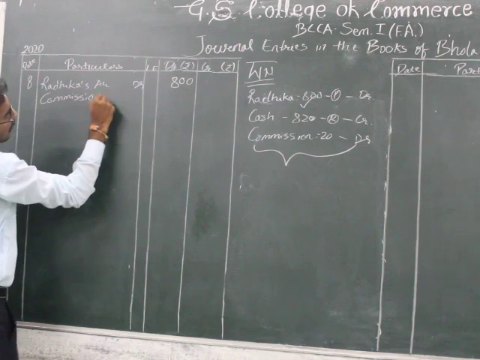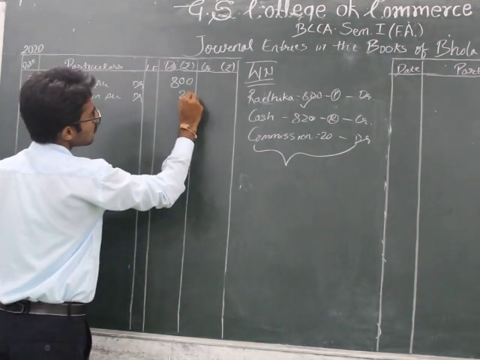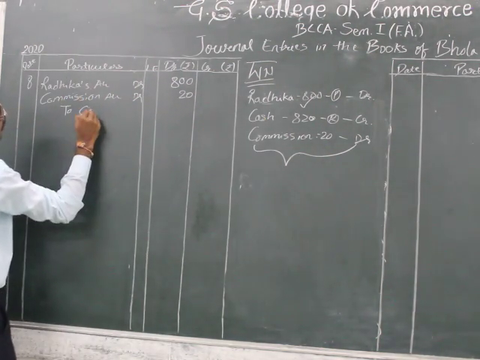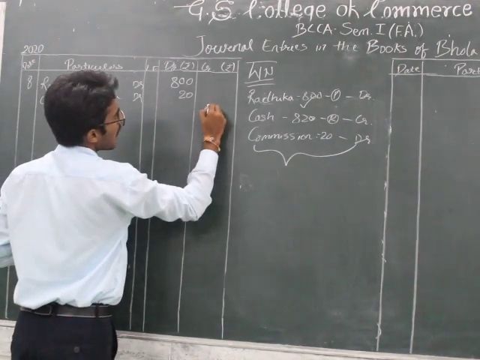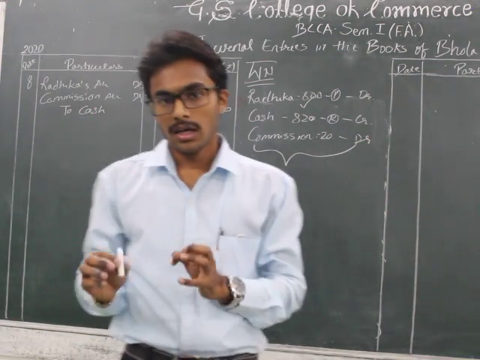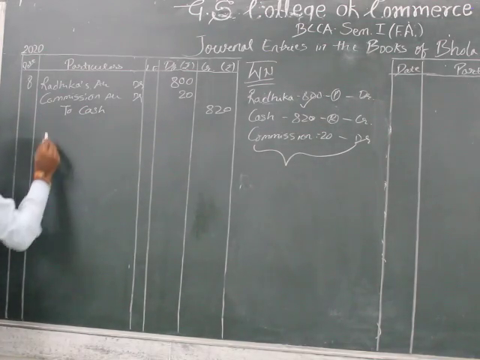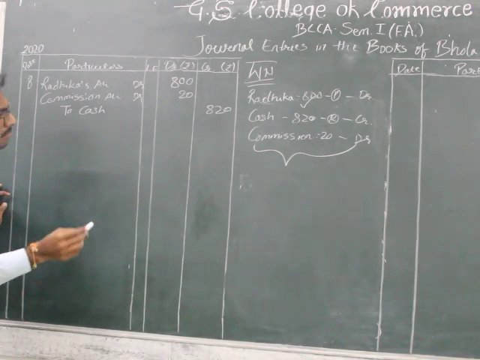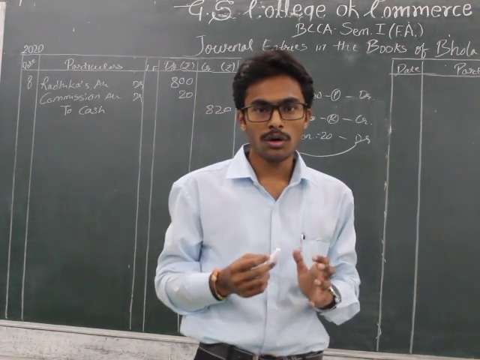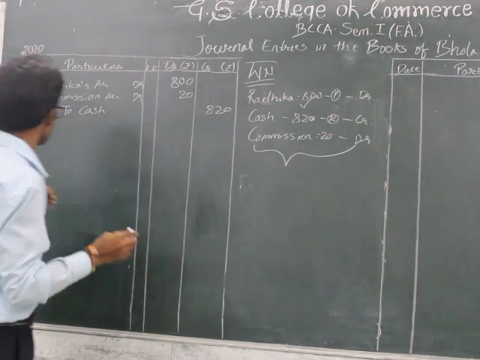Commission account debit, we are paying commission, that's why this is an expense, hence we are debiting it, to cash rupees 820. That is how you can make a combined entry in this case. You can write the narration on your own. How you can write the narration is: being MO paid to Radhika, for which we have given commission of rupees 20.